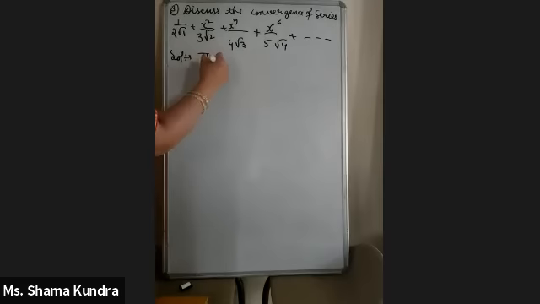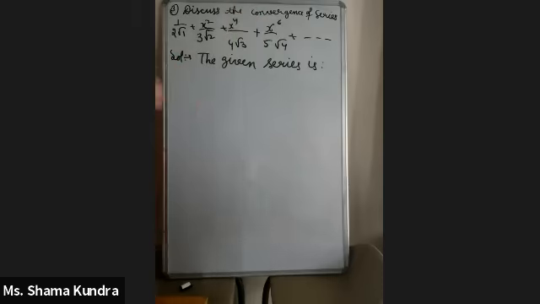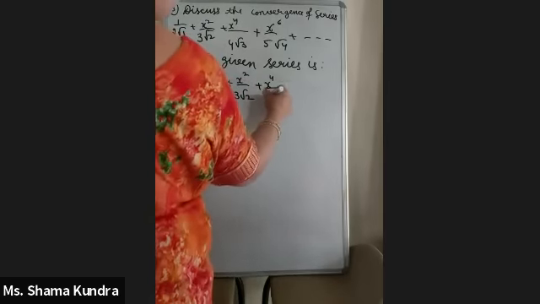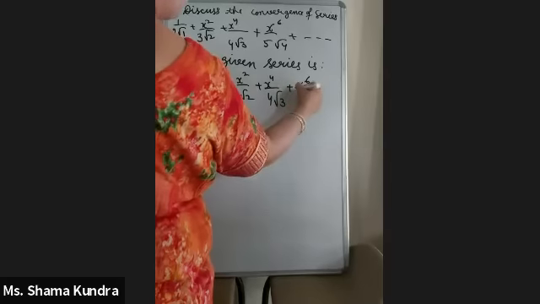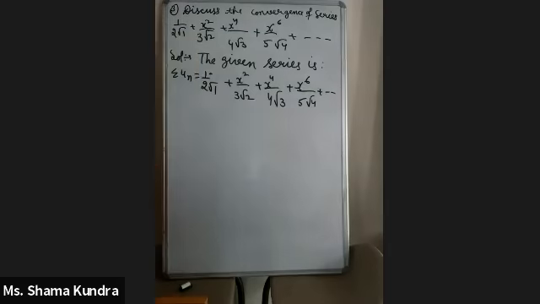The given series is un: 1 upon 2 under root 1, x square upon 3 under root 2, x raised to power 4 upon 4 under root 3, x raised to power 6 upon 5 under root 4.